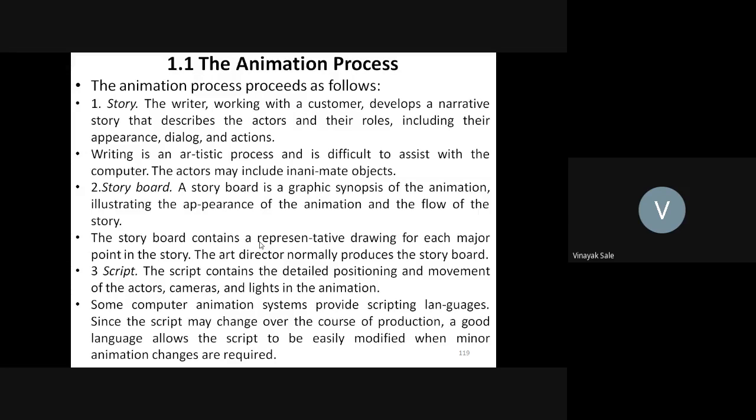Then the third part is script. The script contains the detailed positioning and movement of the actors, cameras, and lighting in the animation. Some computer animation systems provide scripting languages. Since the script may change over the course of production, a good language allows the script to be easily modified when minor animation changes are required.